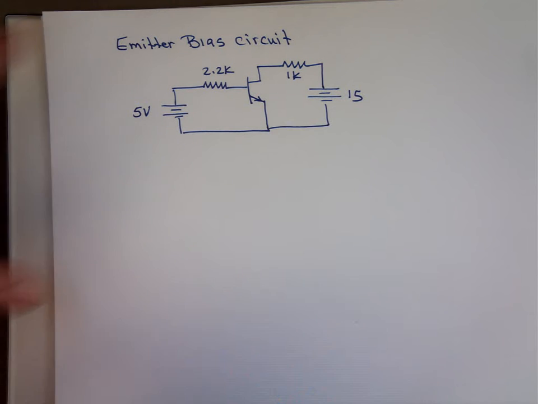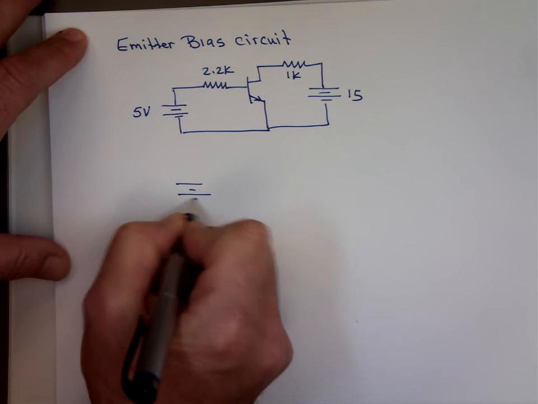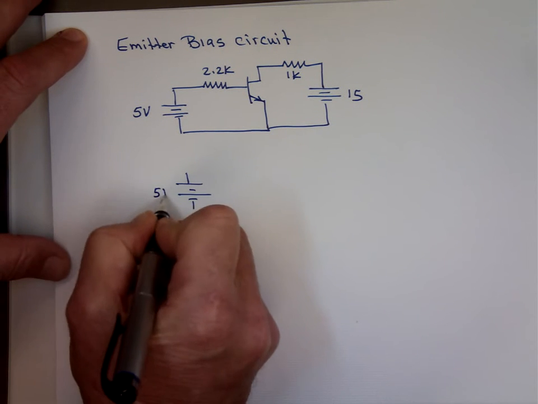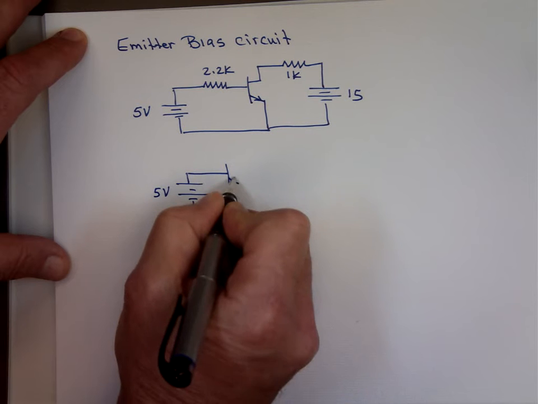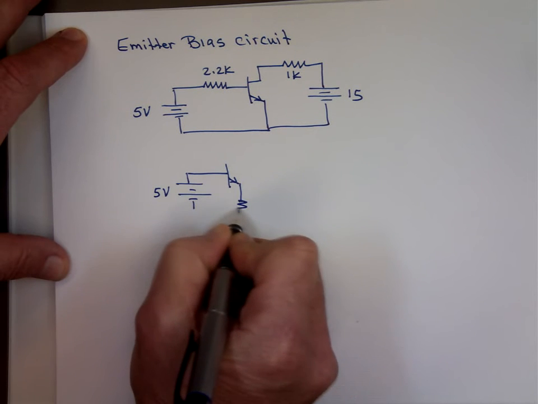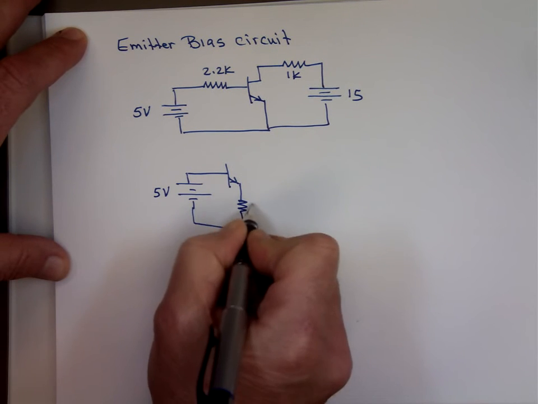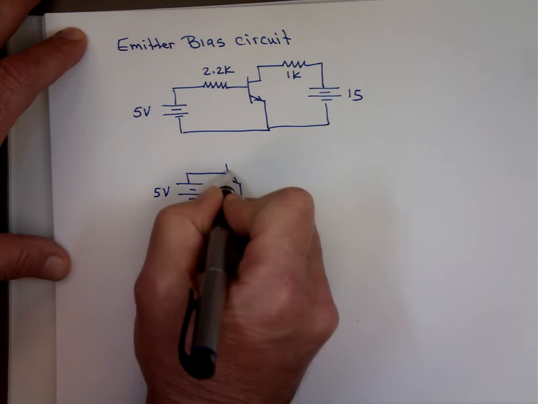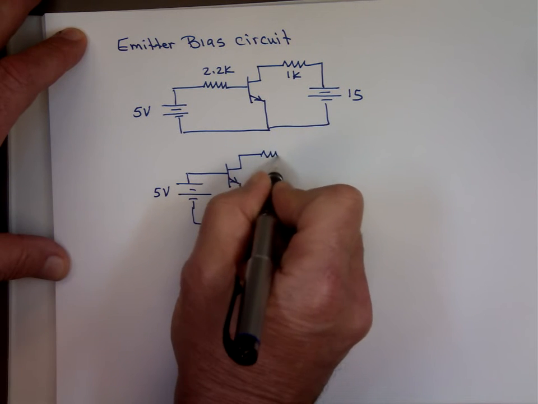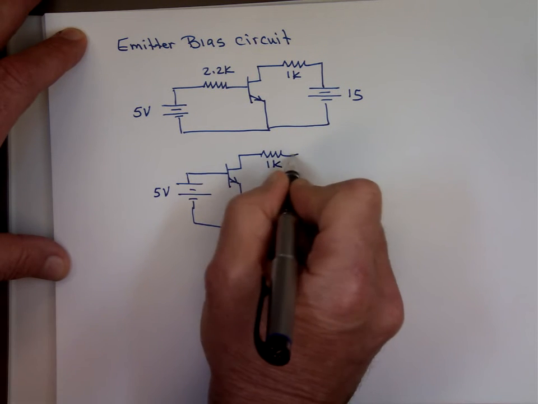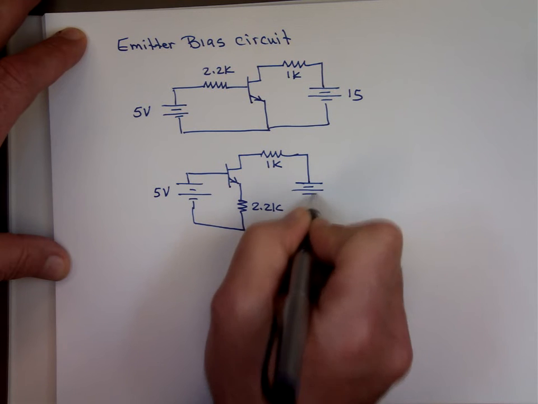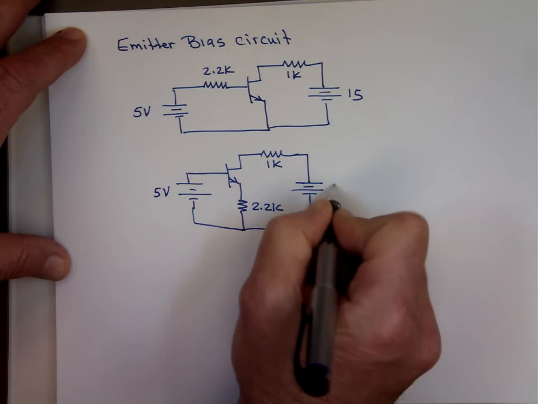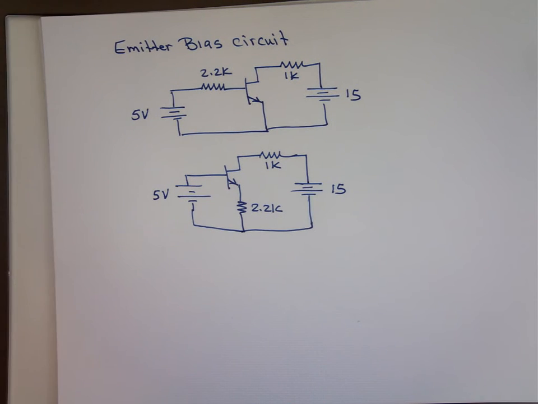So if I do that, my circuit will look like this. And how does that change the solution? How would that change the current I sub B and I sub C?